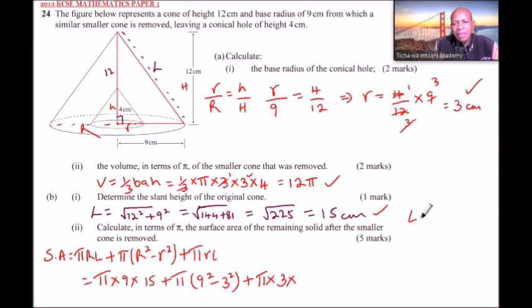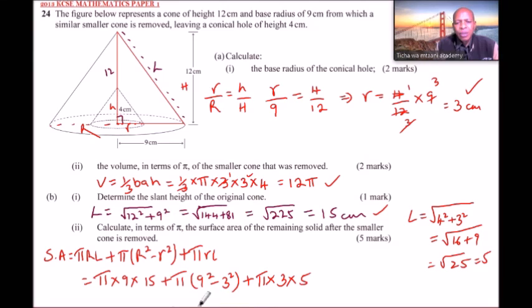So the slanting side of the small cone is the square root of 4 squared plus 3 squared. This is equal to the square root of 16 plus 9, which is the square root of 25, equal to 5. So we multiply here by 5. That is the slanting side.